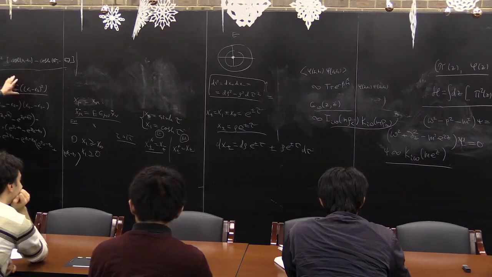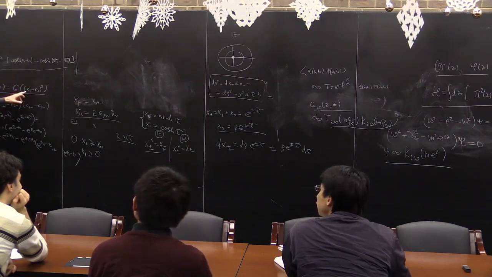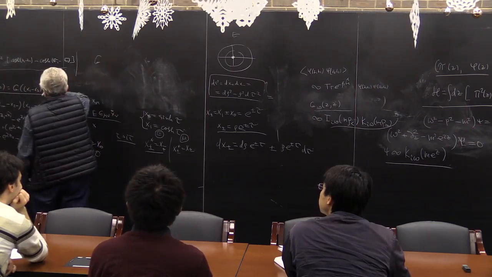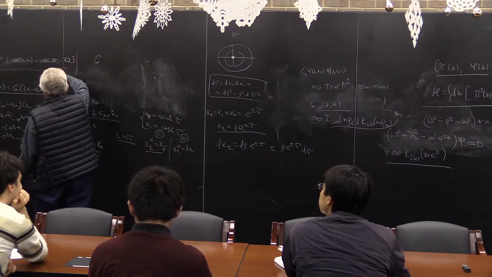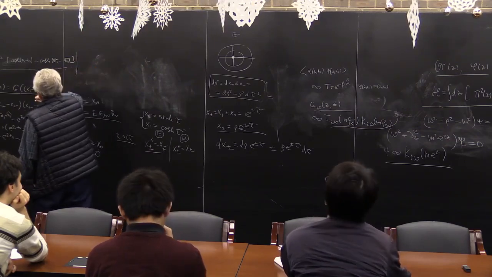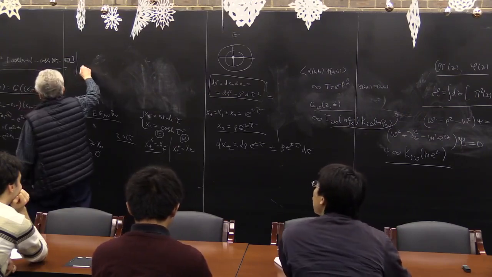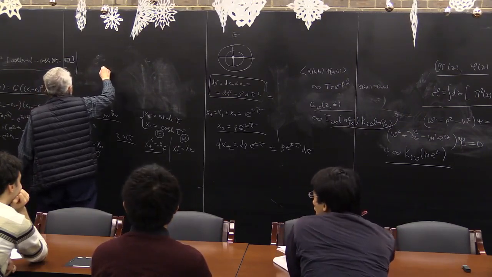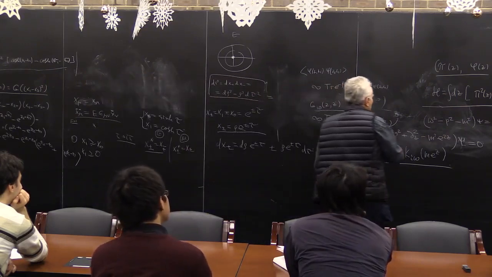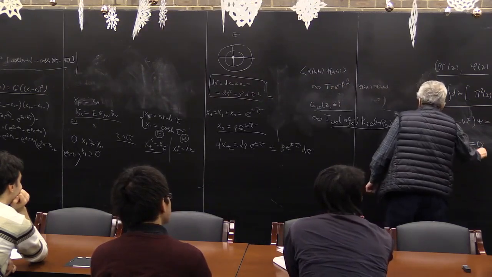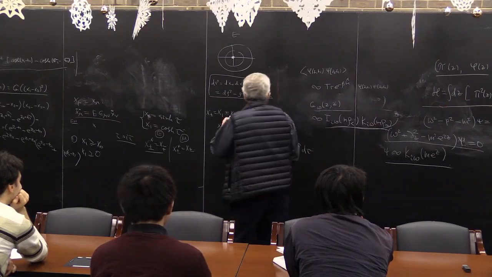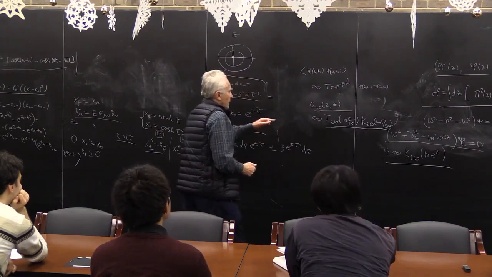It's not really necessary, but to visualize it, it's better to have massless fields. We have the Green function, which is the solution of this Klein-Gordon equation.